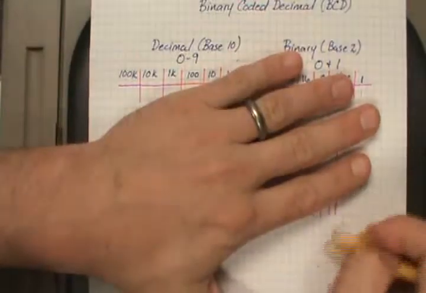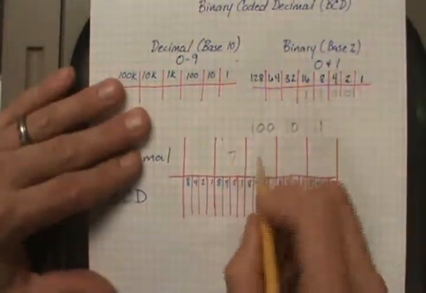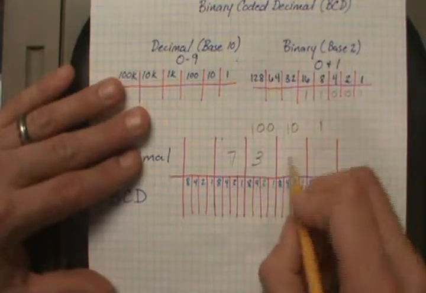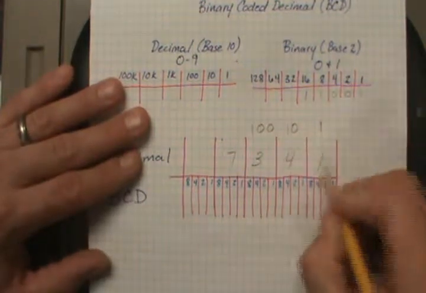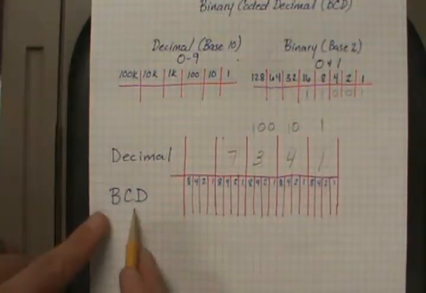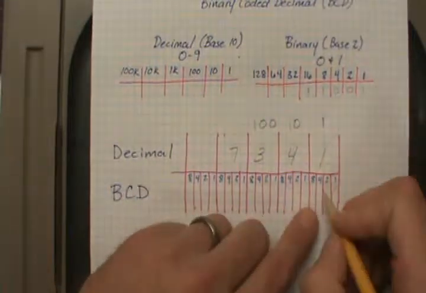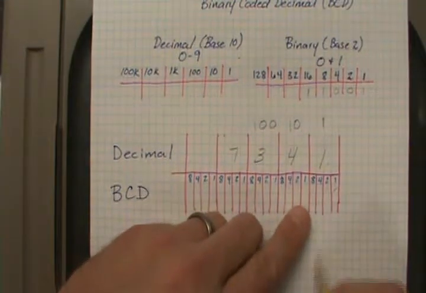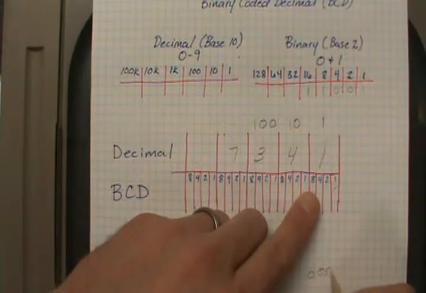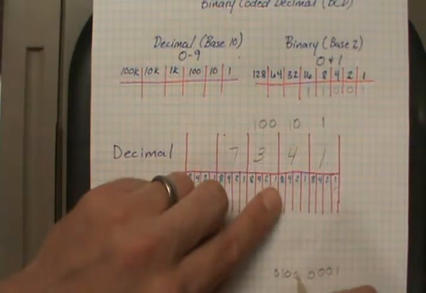We'll take this one step further, and let's go with 7,341 in decimal. How do we convert that to BCD? We'll start in the ones column: 0, 0, 0, 1. Let's go to the tens: 0, 1, 0, 0.